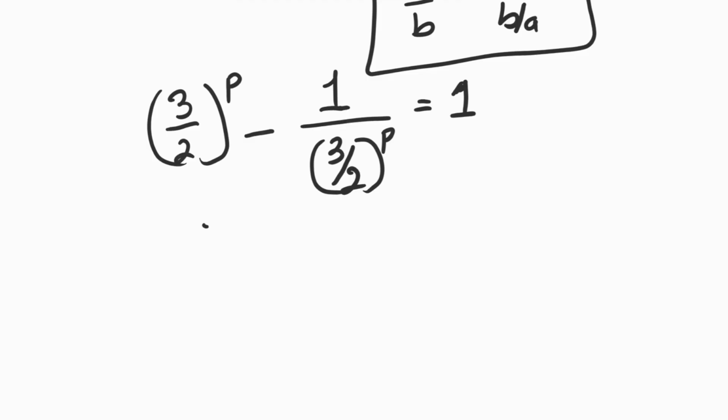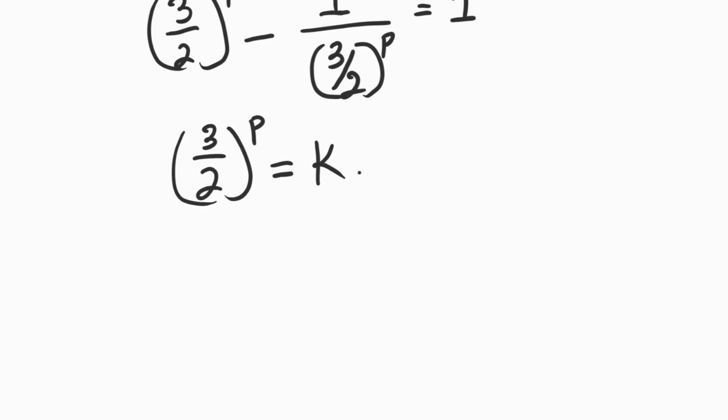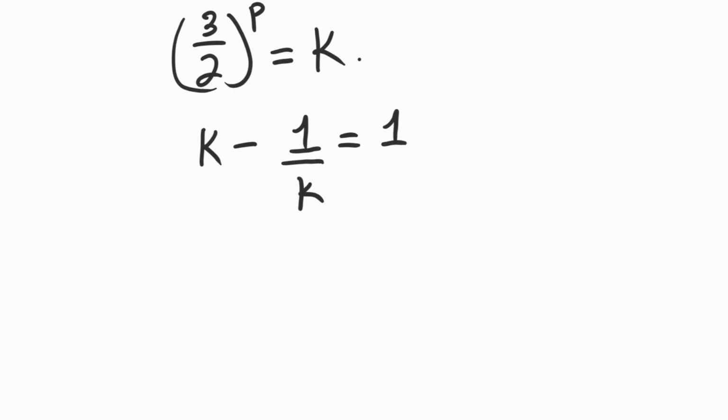Now, let us represent 3 over 2 raised to the power p with the alphabet k, for instance. So now we have k minus 1 over k is equal to 1. This is over 1, this is over 1.